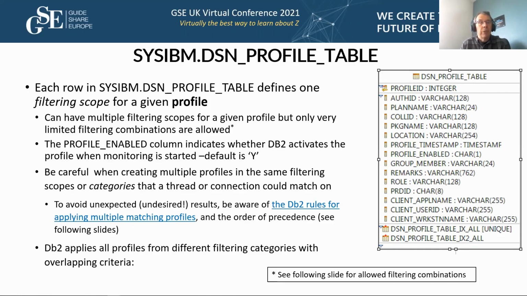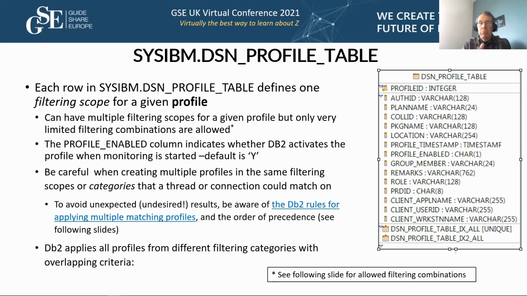So you're going to be very careful when you do that, because you have to be aware of the DB2 rules for applying multiple matching profiles and also the order of precedence. And we're going to cover that on the next slide.